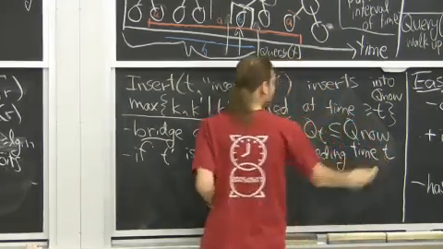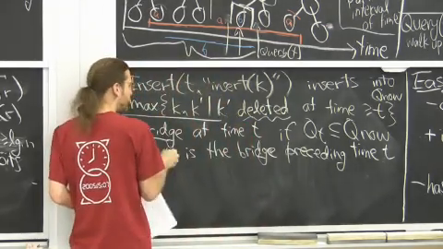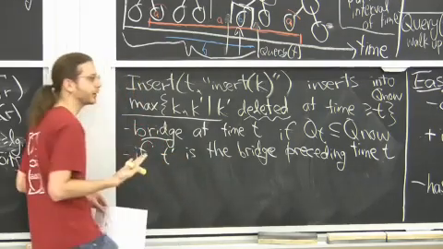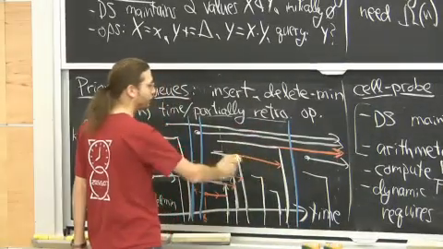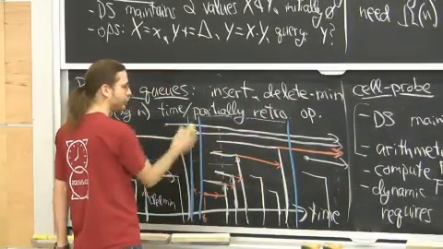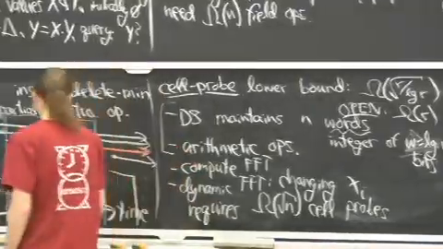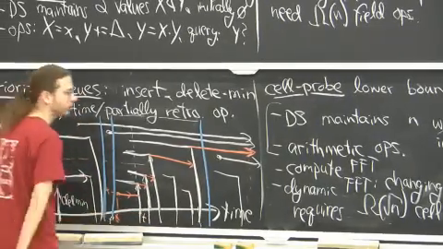So if I have a time t that I care about, I want to compute this formula for time t, what I do is find the preceding bridge, call it t prime. If I have an arbitrary time t, like here, we're in the middle of some action. I want to know what that action is, so I want to go to the preceding blue line. So that's t prime. If my query is here, t prime will be there.